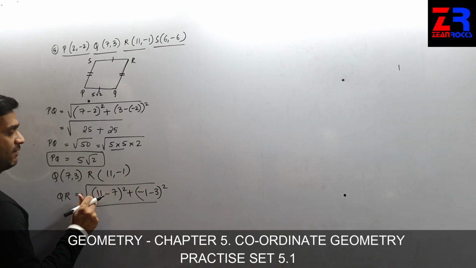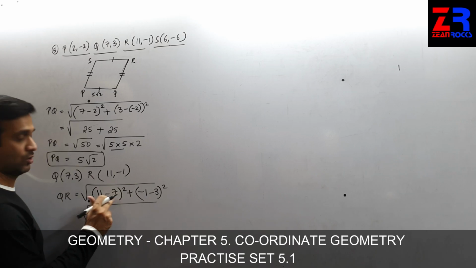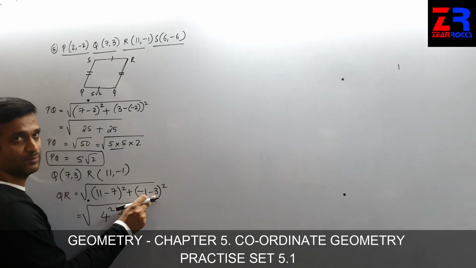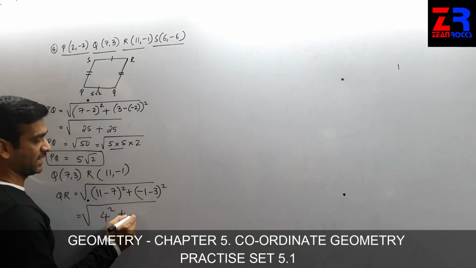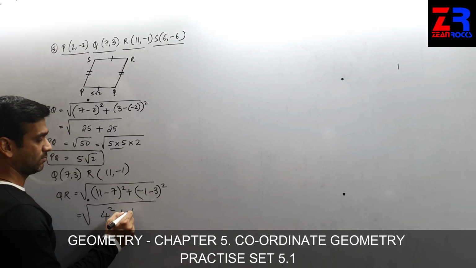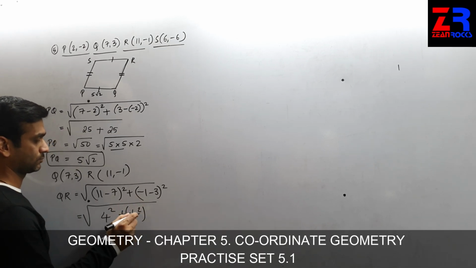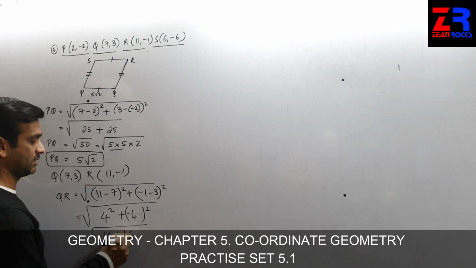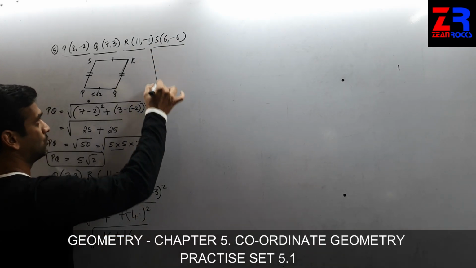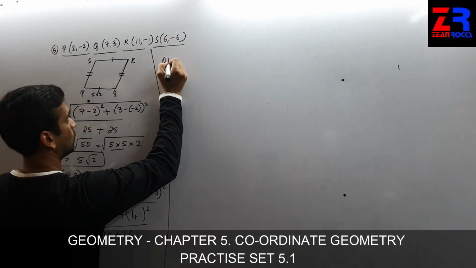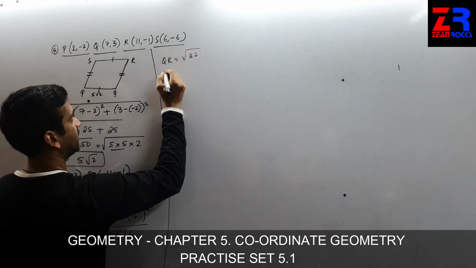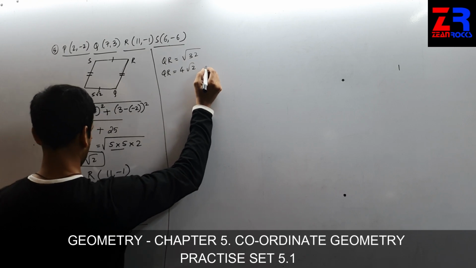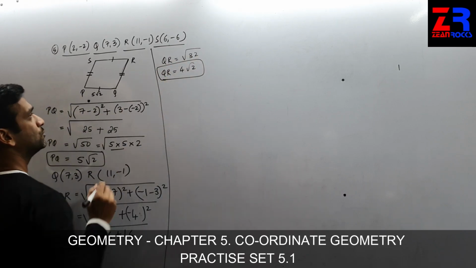So your answer will be 11 minus 7 will be 4 square, and here minus 1 minus 3 will be minus 4 square. 4 square is 16 plus 16, so QR is equal to root of 32. Can 32 be factorized? Yes. Answer will be 4 root 2. So you have got QR, 4 root 2.